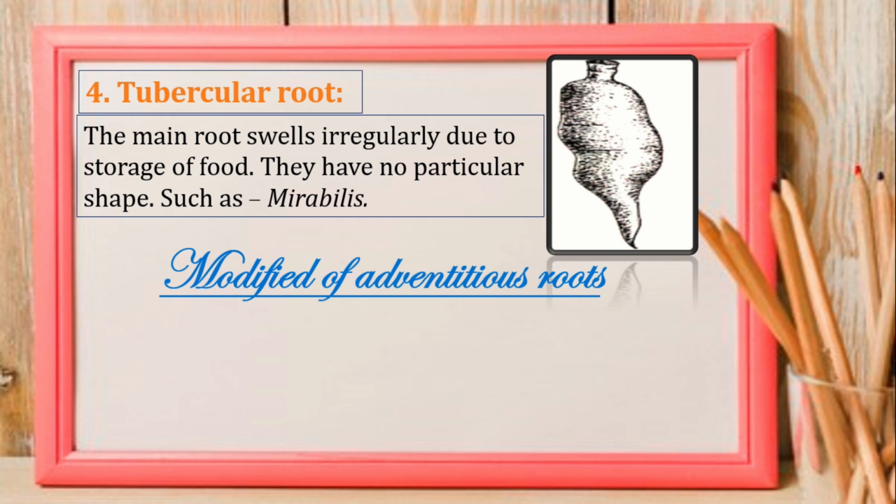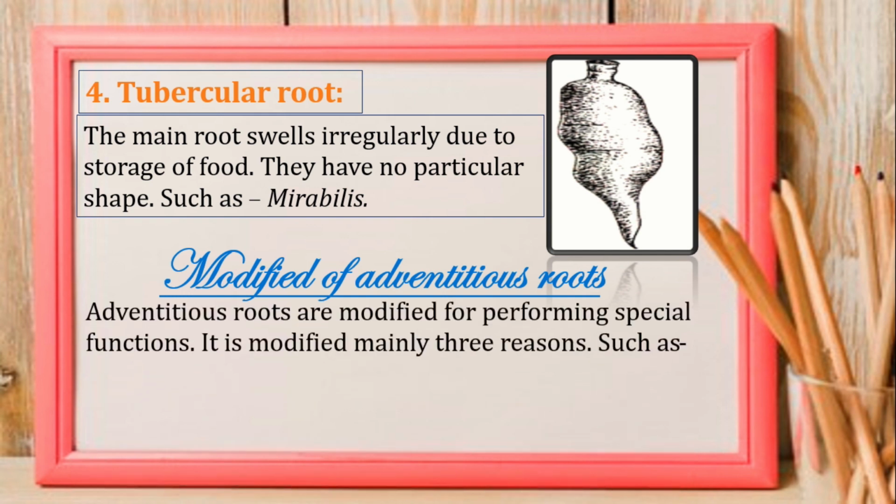Modification of adventitious roots. Here, adventitious roots means roots which arise from the stem and sometimes from the leaf. This type of roots are fine hair-like structures that spread sideways in all directions. Adventitious roots are modified for performing special functions.